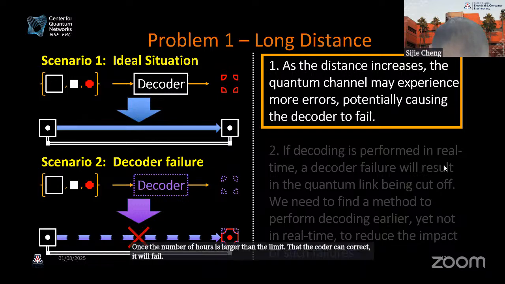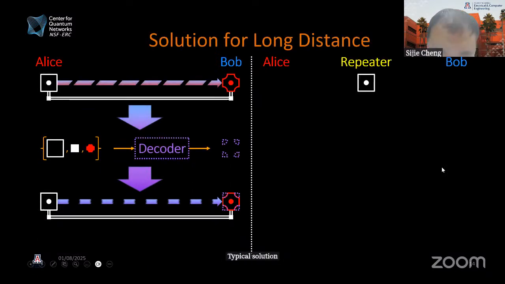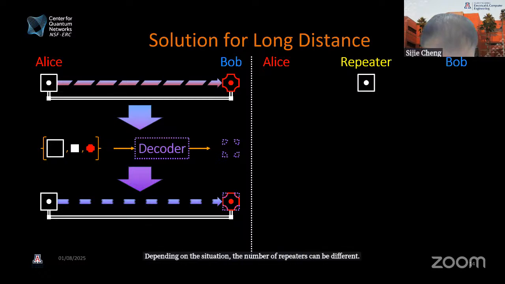A typical solution is using repeaters. Between Alice and Bob, we can introduce a node called a repeater. Depending on the situation, the number of repeaters can be different, but we will focus on a single repeater scenario.